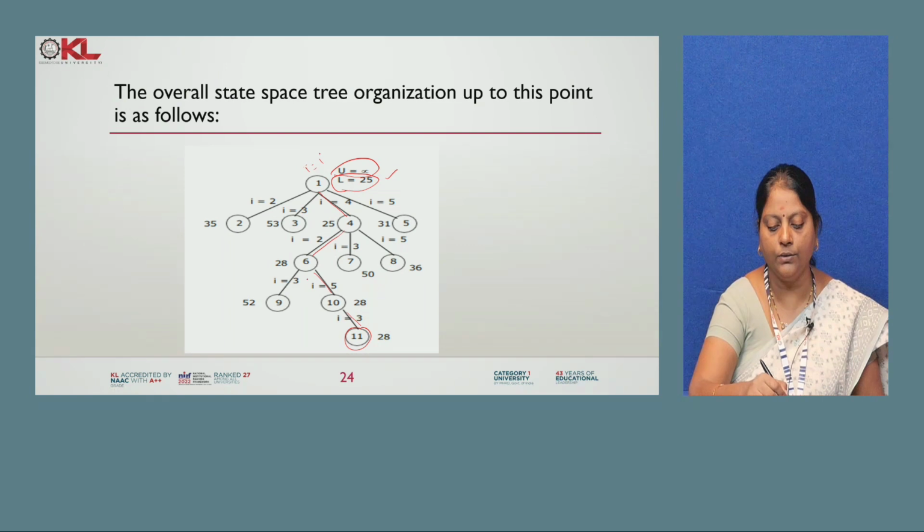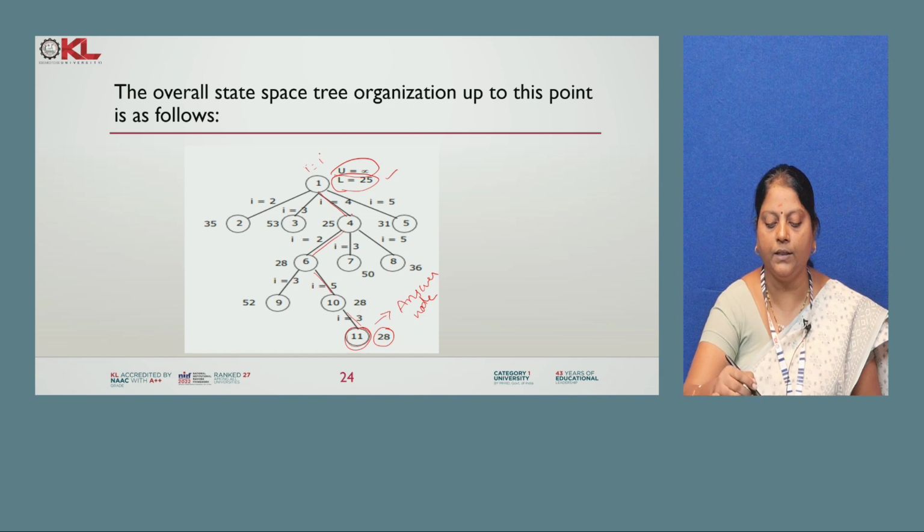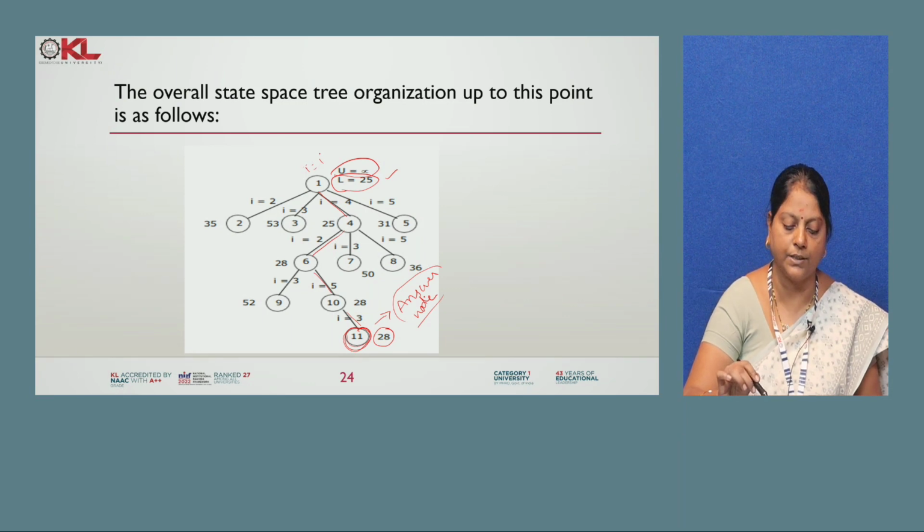So all the nodes are visited, and then what is the cost value here? 25. Then this node 11 is called the answer node. Answer node means the path from the root to this leaf node gives a solution for the given problem. Answer node means which gives a solution, right?